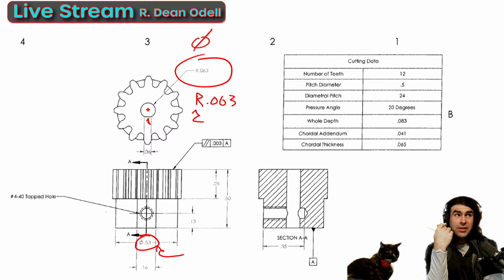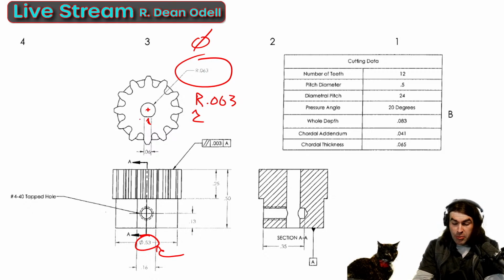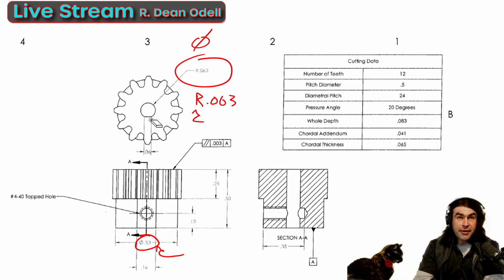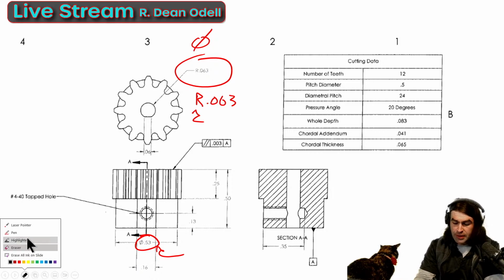Radius is only typically used for things that are less than 180 degrees, and this is more than 180 degrees of a circle here. So, you could say it's minor, but that will raise eyebrows if you send this drawing off to get quoted. People are going to look at it and think, wait, why isn't that a diameter? Like, is something else going on? So it should be a diameter.